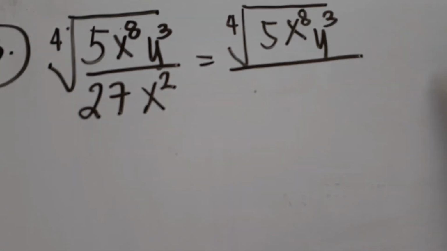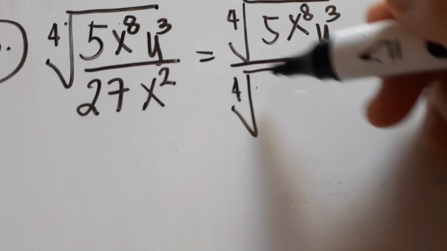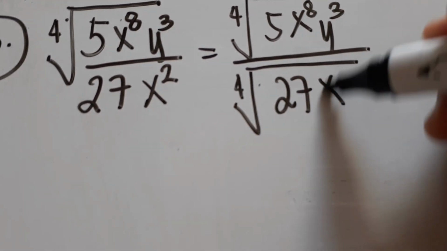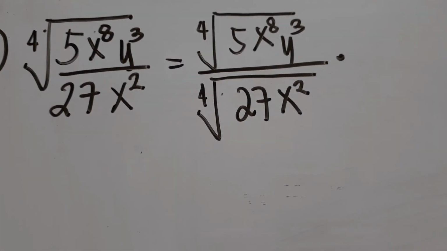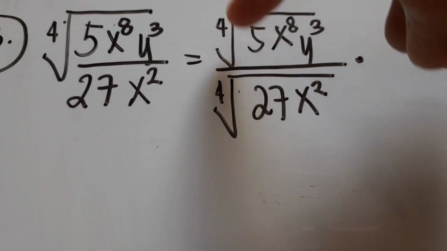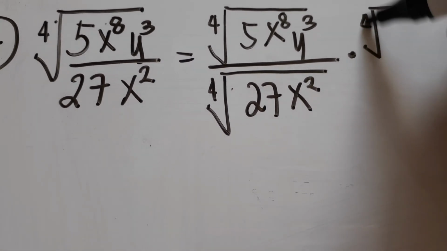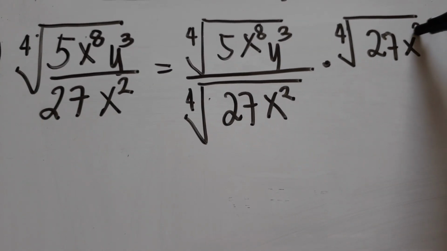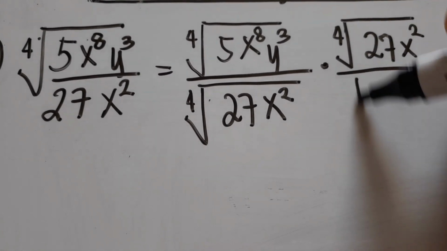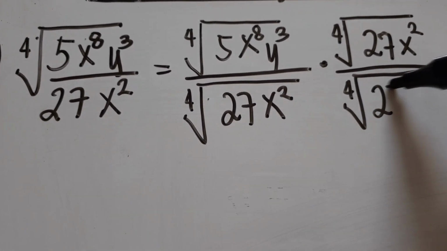Since our n is 4, then our exponent under the denominator is 2. So 4 minus 2 is equal to 2. Therefore we multiply its numerator and denominator by fourth root of 27x squared over fourth root of 27x squared.